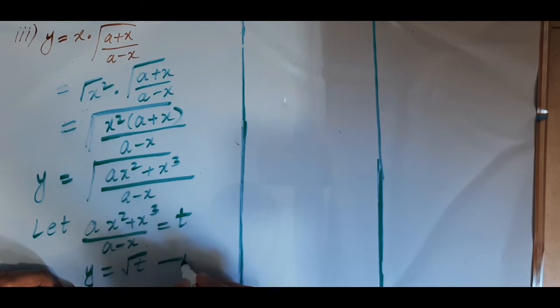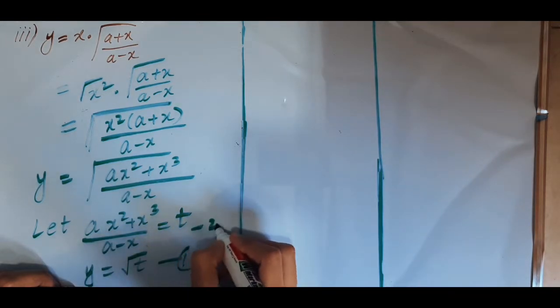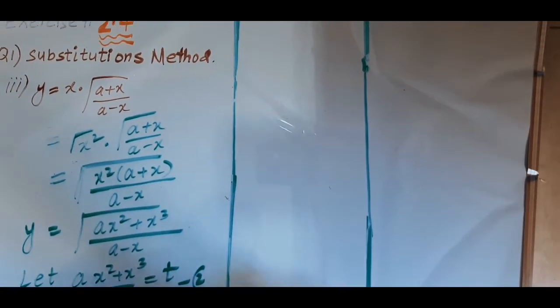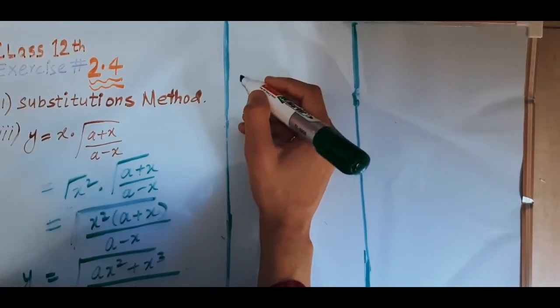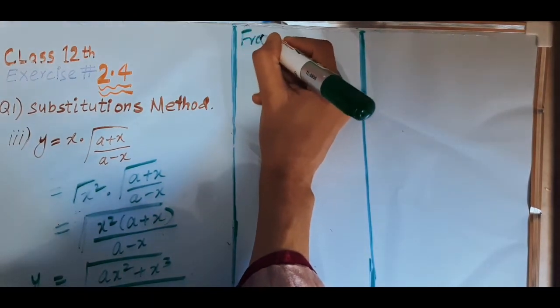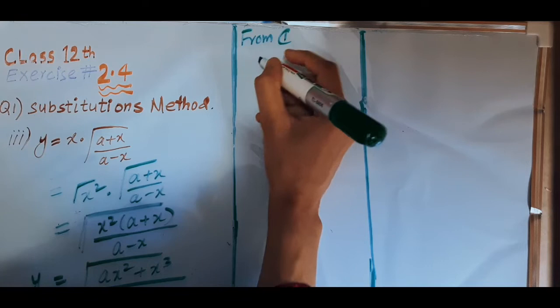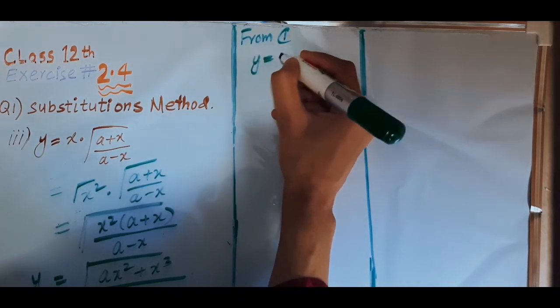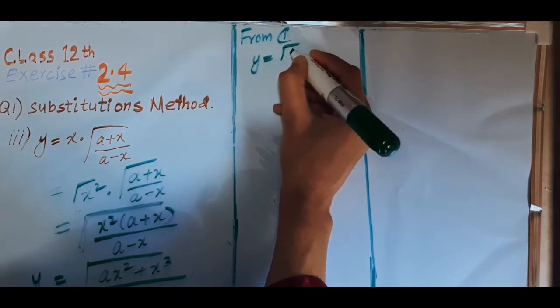This is equation number 1 and this is 2. Now from 1, we get y is equal to root t.